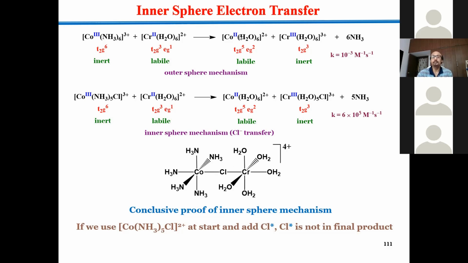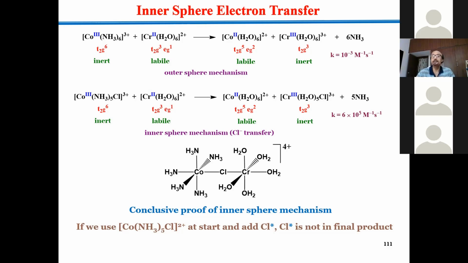Now, if you look at the cobalt situation, after electron transfer, it's a labile situation, whereas this is the inert situation. So naturally, this bond would become stronger compared to this one, because this is a labile situation, right? So this chloride would prefer to be associated with the center which is considered to be the inert situation.